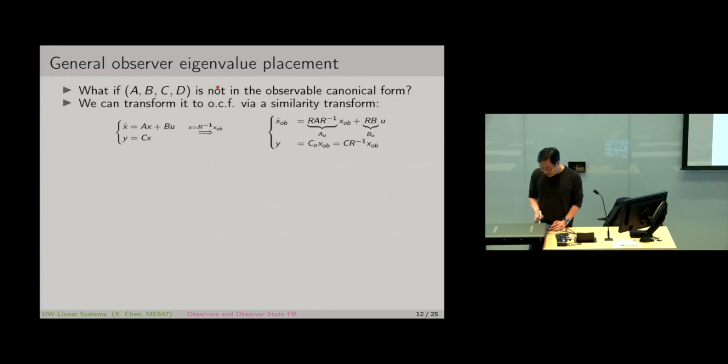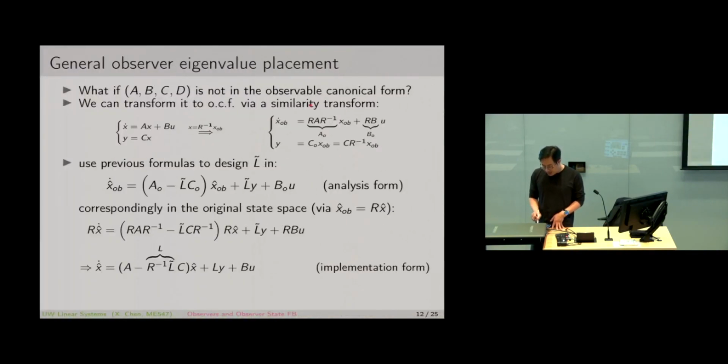Now, if the system dynamics is not in observable canonical form, then we can transform it into the observable canonical form. Let's call this the original system dynamic equation. After a similarity transform, x equals R inverse x OB, the observable state, we have x dot OB equals A sub O x OB plus B sub O u, and the same for the output equation y.